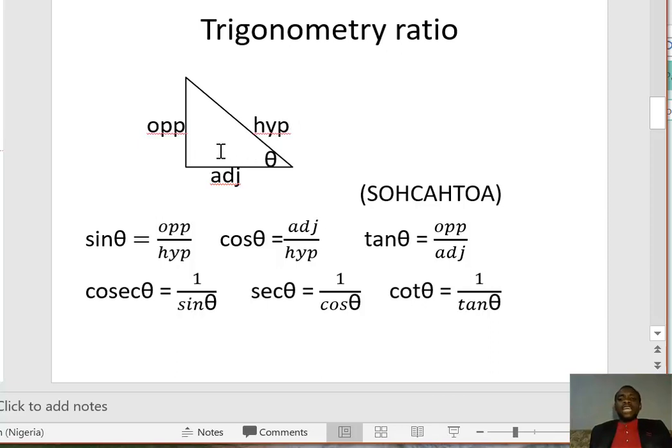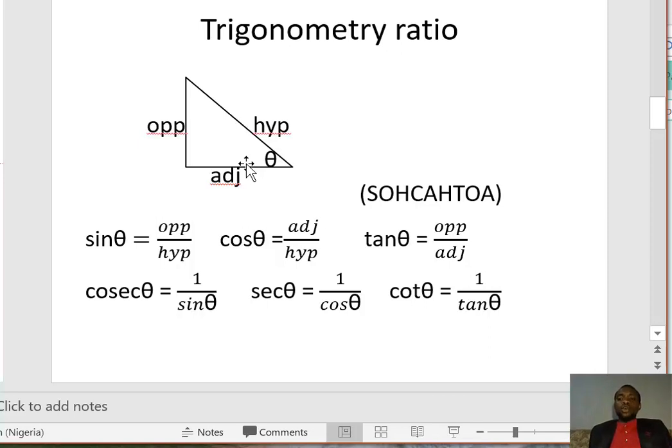And we have another side of the triangle. It is the side that is facing the angle theta. So anywhere the angle theta is placed in the right angle triangle, either up or down, the side that is facing it is the opposite, while the other side is the adjacent.